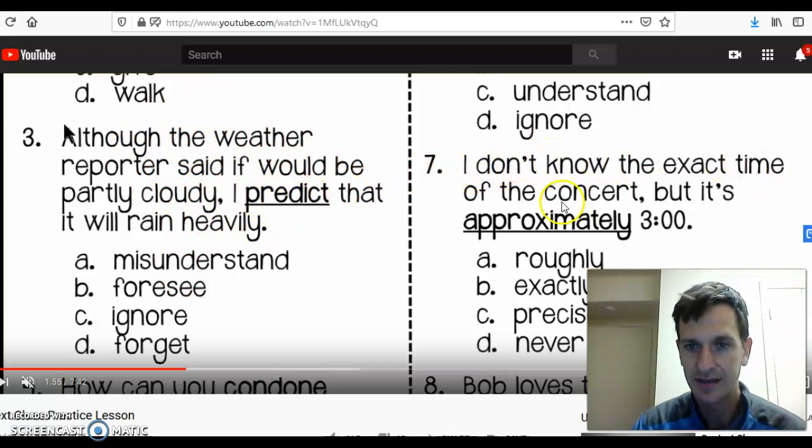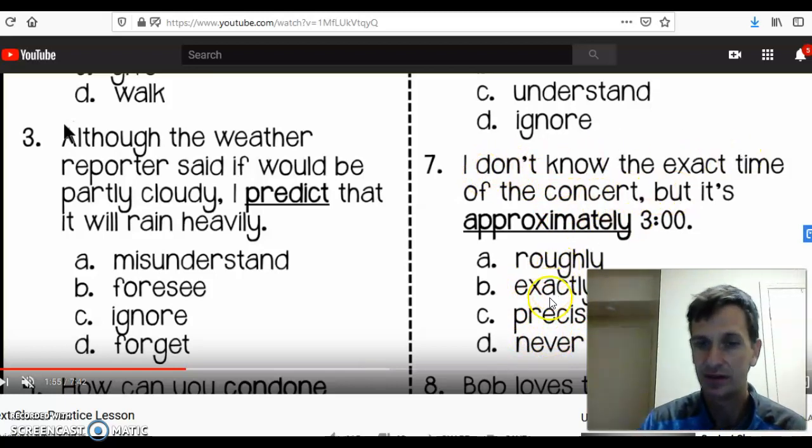I don't know the exact time of the concert, but it's approximately 3 o'clock. He doesn't know the exact time, but it's approximately, roughly, exactly, precisely, or never. Exactly or precisely would mean I know the exact time of the concert is 3 o'clock. That means she knows exactly.